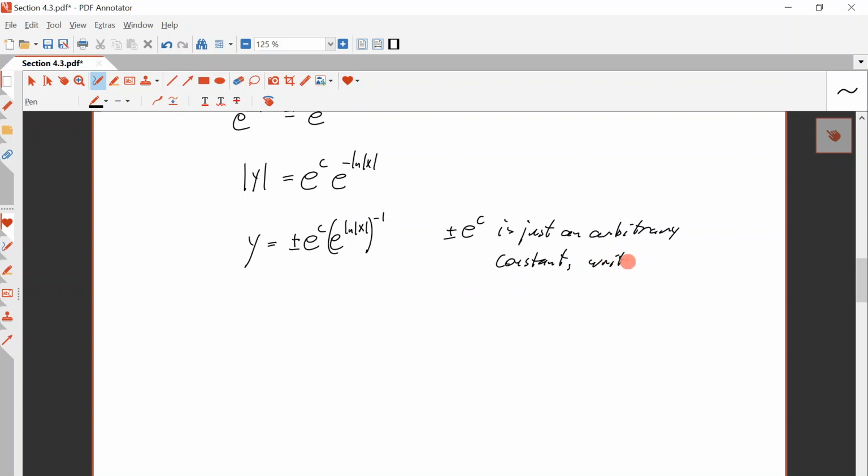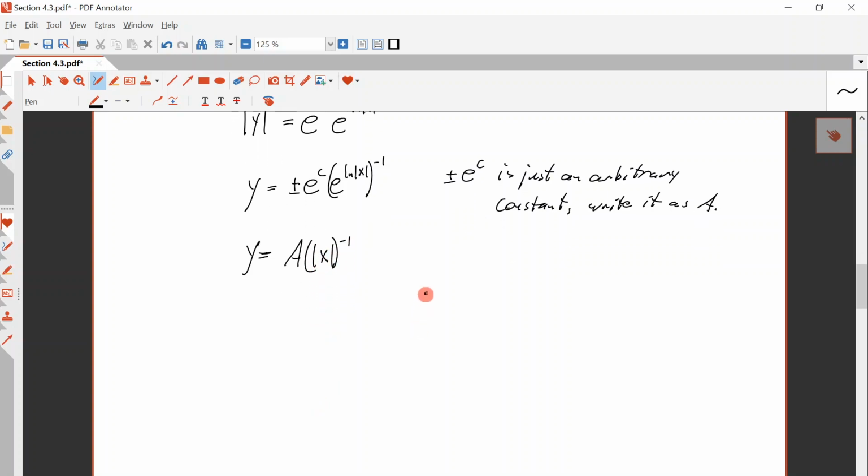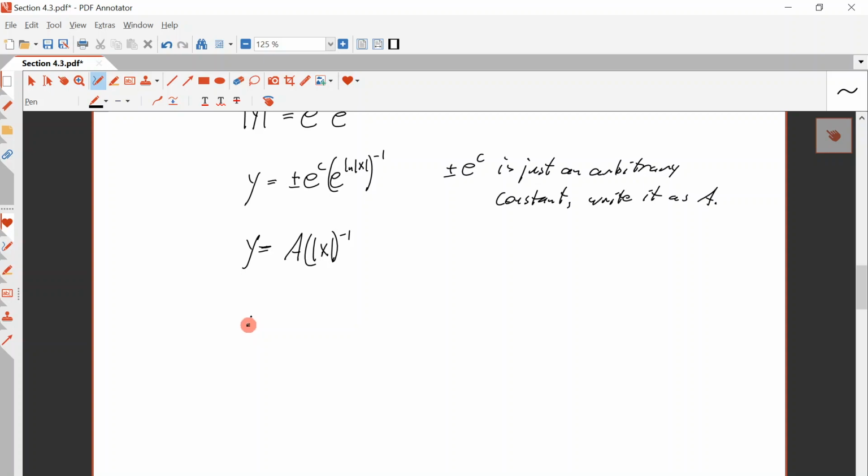Write it as just a. So y is equal to a times e to the ln x to the negative 1, which is just absolute x to the negative 1. And so y is equal to a over absolute x.